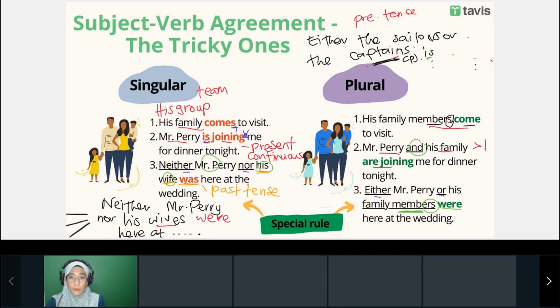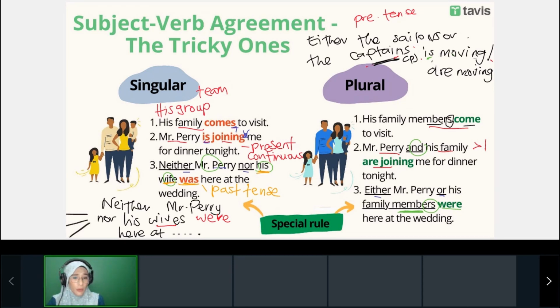Okay, so is moving or are moving? Which one? Definitely, you need to check the subject that is considered closer to the verb. So which one?